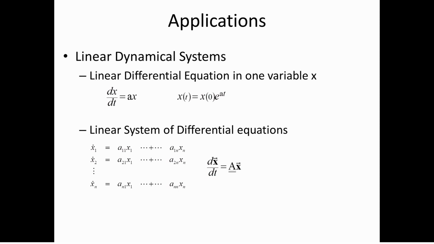And it just so happens that the form of the solution for this differential equation looks very much like what it does if we're looking at that equation for one variable, except you notice in place of the scalar a, we have the matrix capital A. So we can actually talk about the exponential of a matrix. We're going to show how that's defined once we've worked with eigenvectors a little bit more.